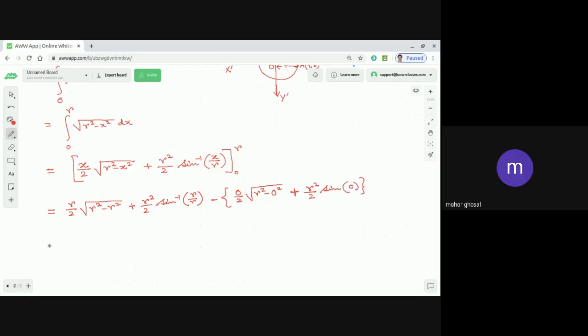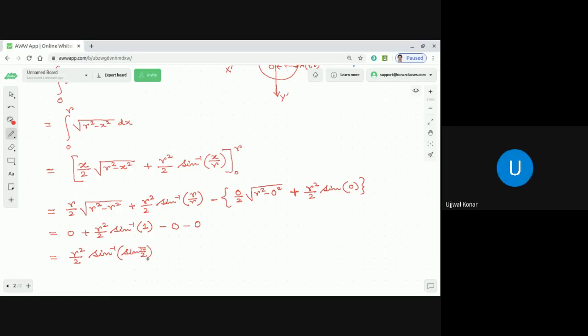So the first expression is 0, square root of r square minus r square, plus r square by 2 into sine inverse 1. Minus this value is 0, this value is also 0. So what we'll end up with? It is r square by 2 into sine inverse of 1. You may not know this part, but let me tell you: which value of sine is 1? 90 degrees. Sine 90 degrees, correct. So we can write sine pi by 2.